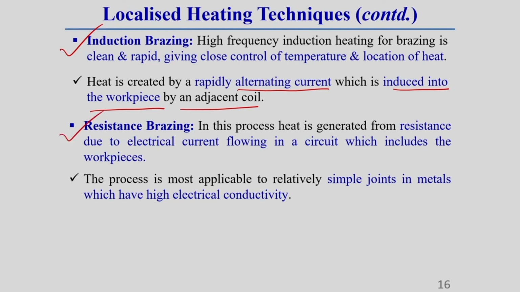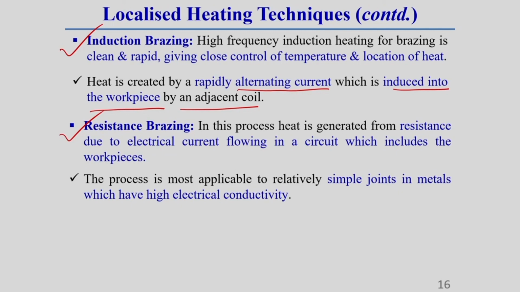Then resistance brazing. In case of resistance brazing, whatever part we are going to braze becomes a component of the electric circuit. What does it mean? Here electrical resistance is used. The circuit is set in such a way that the part we are going to braze acts as a circuit component.